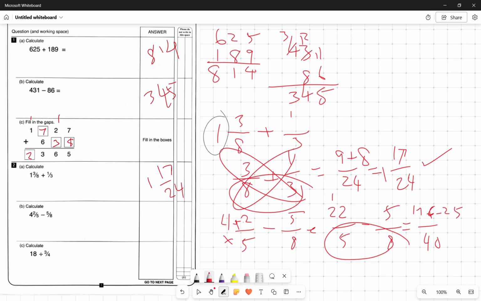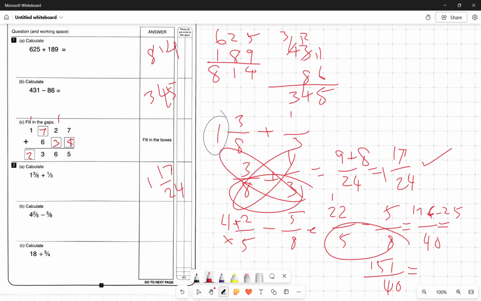So 176 take away 25 is 151 over 40. Now the numerator is higher than the denominator, so you need to convert to a mixed number.